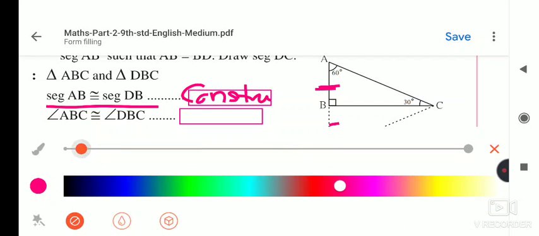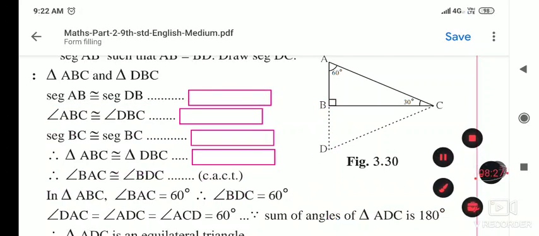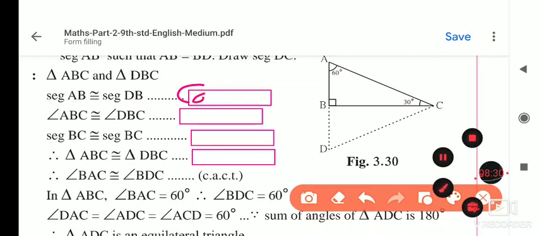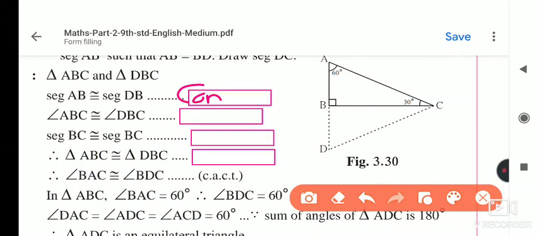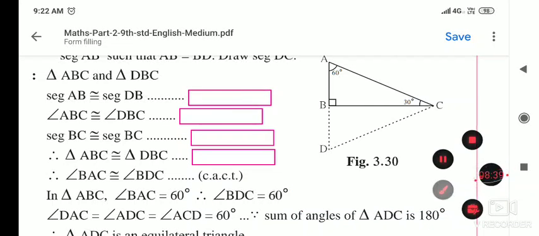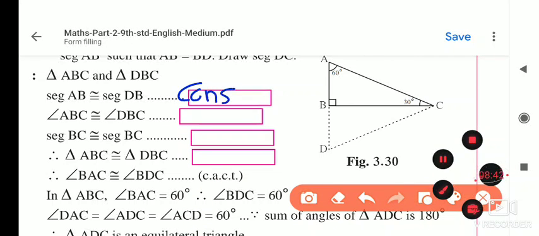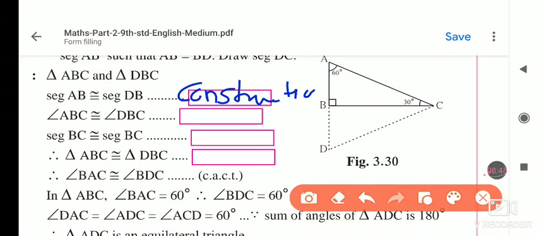Now in triangles ABC and DBC, angle ABC is congruent to angle DBC. Why? Each is 90 degrees. Then BC is congruent to BC. Why? Because it is a common side. You have to write the full words, common side.